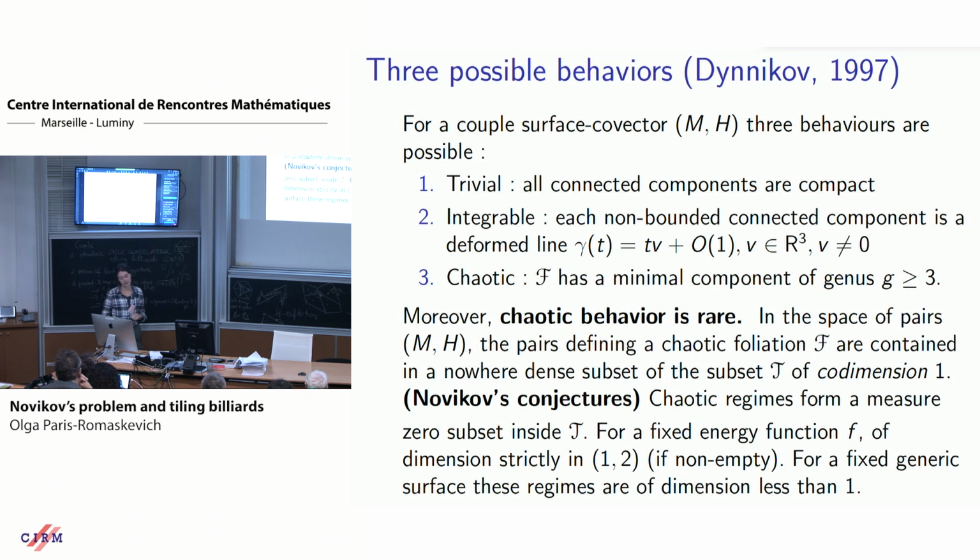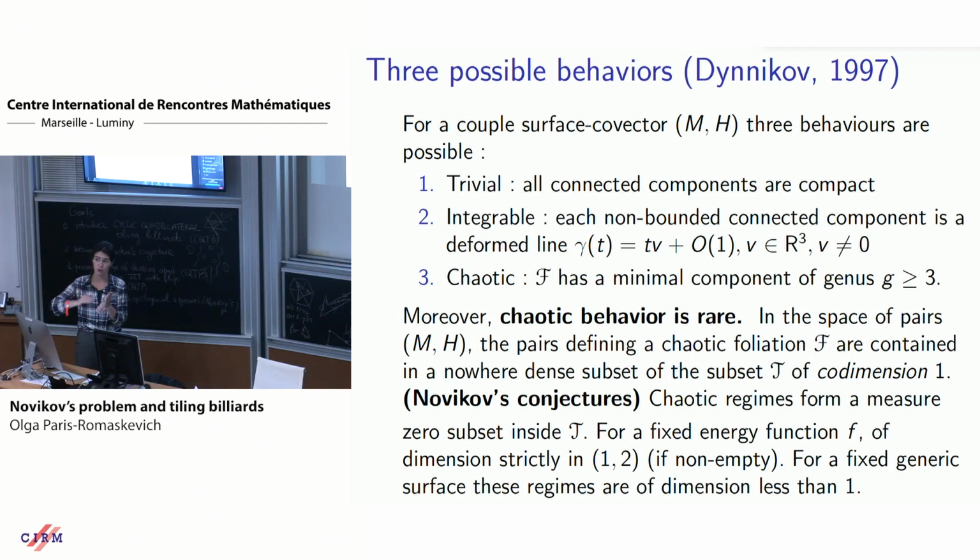And the third case is the chaotic case. It means that the foliation that you obtain on your surface has a minimal component of genus greater than or equal to 3. What do I mean by this? Trivial behavior, you can think about cylinders. If you think about a foliation, you have trivial components, and then when you change a little bit the level of your plane, you will have cylinders that will form.